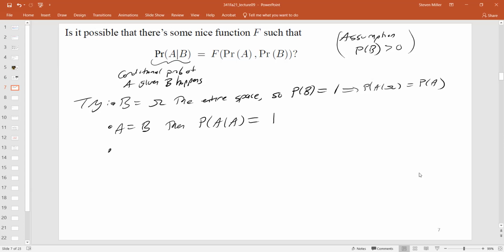A is B complement. You want the probability that A happens, given that A doesn't happen. So what's the probability that A happens? Yes, it's just 0. So now I want a function that depends just on the probability of A and just on the probability of B. Now, if A equals B, it's got to return 1. And if A equals B complement, it has to return 0.